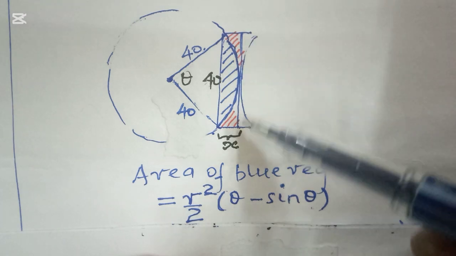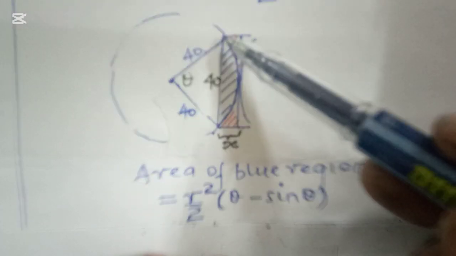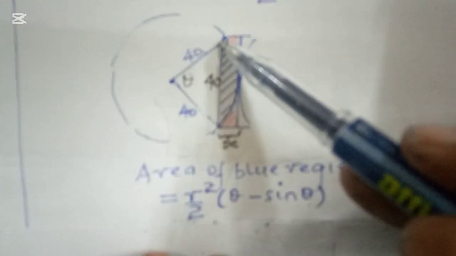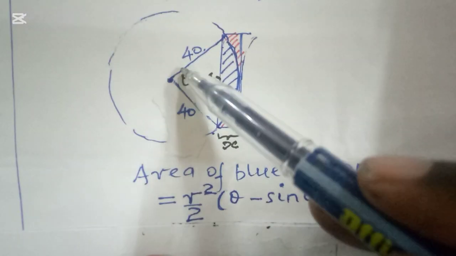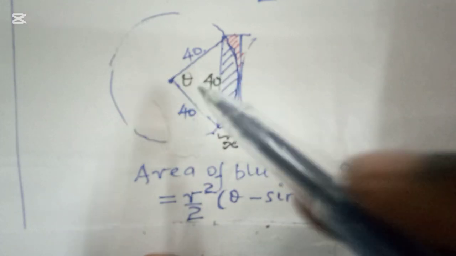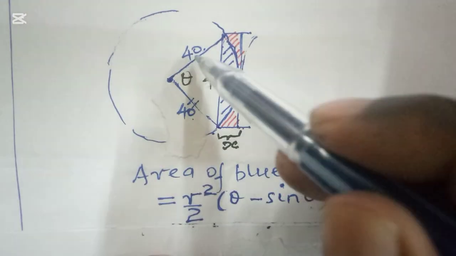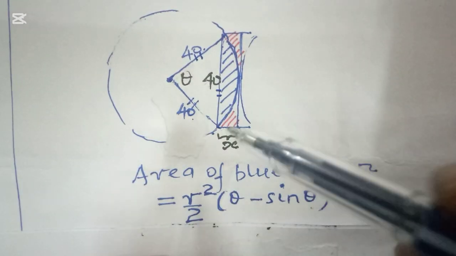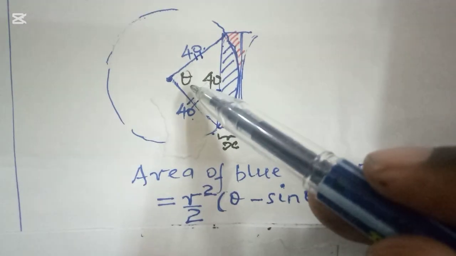So from here to here is 40. So it means from here to here is 40. And we have the radius for the big circle is also 40, and this is also 40. And so therefore this forms what we call an equilateral triangle with the sides 40, and therefore theta is 60.